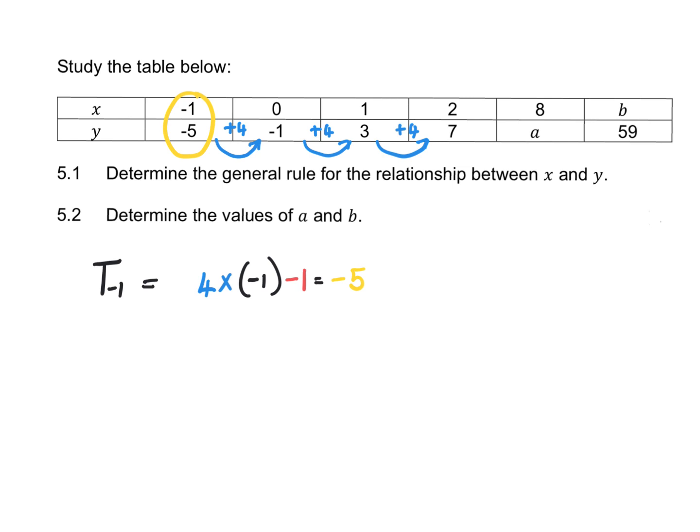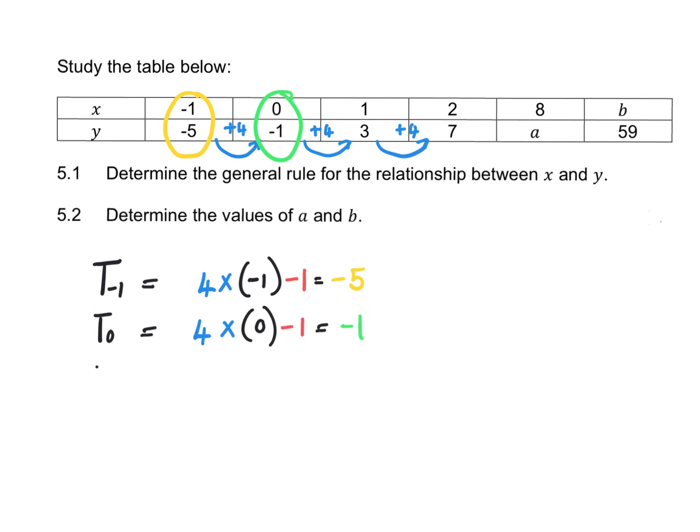Let's see how it works for the next one. Here they say we have term 0, and that answer should be -1. For term 0, I will have 4 times 0 in my brackets. So that's 0. And how do I get an answer of -1? Well, 0 minus 1 is -1.